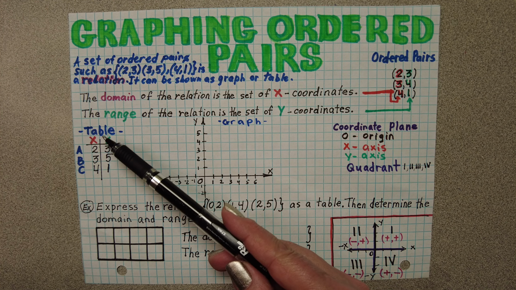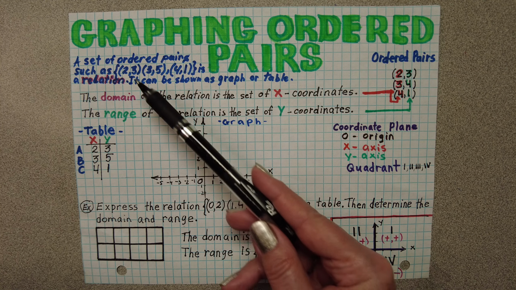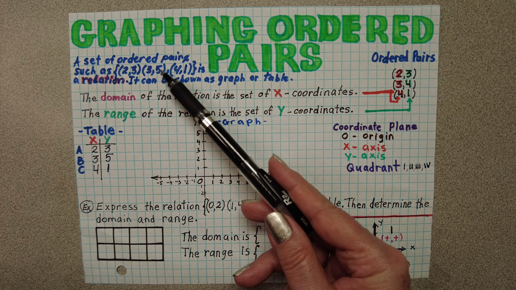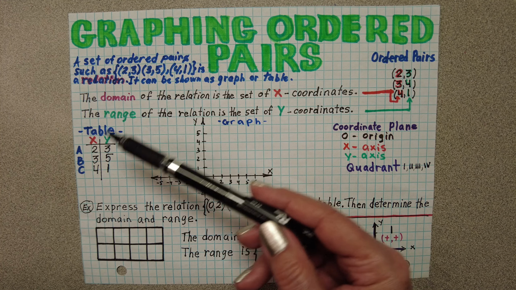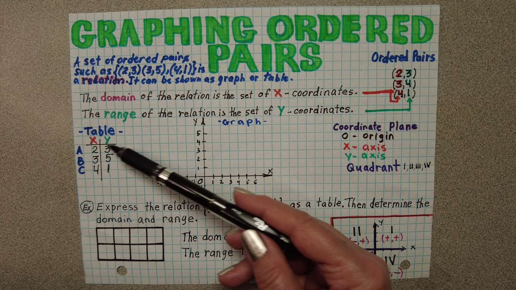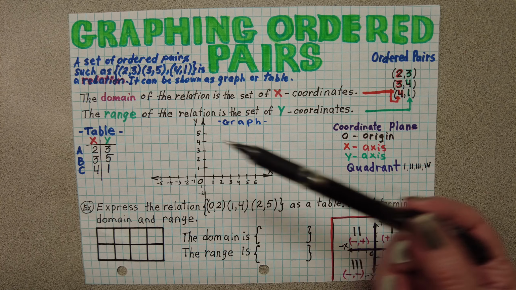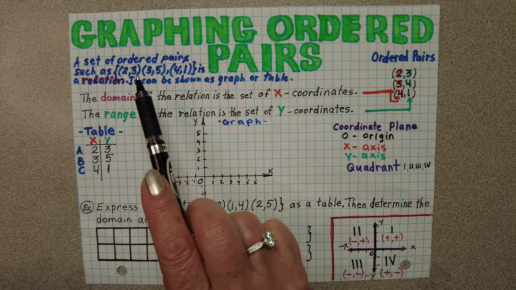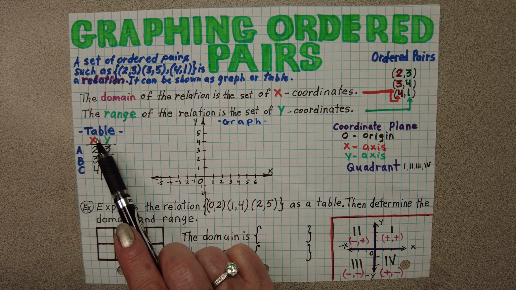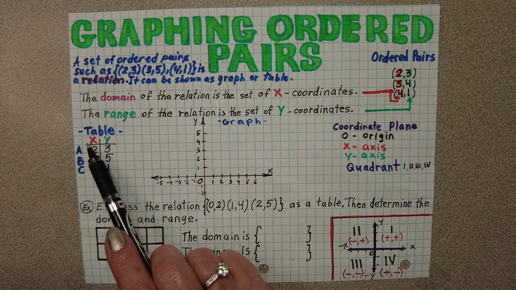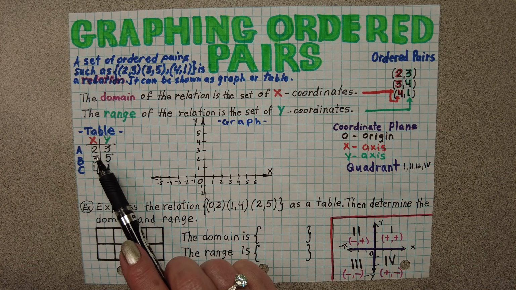So let's start doing a table for this set of ordered pairs. We have here 2 and 3. The table is this way. We're gonna show the relationship between domain and range. So x and y, this is a table like a T-chart.